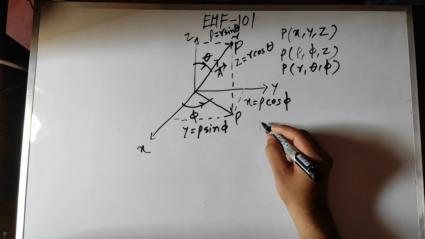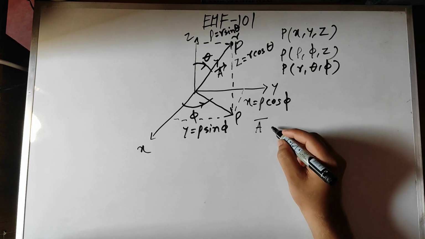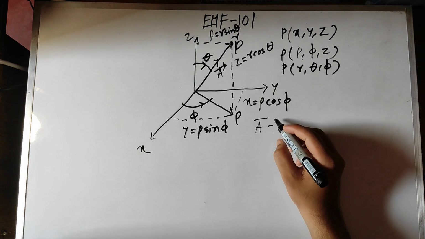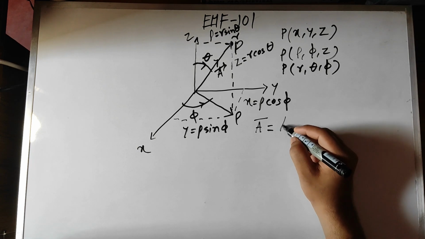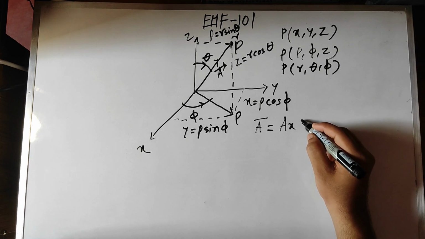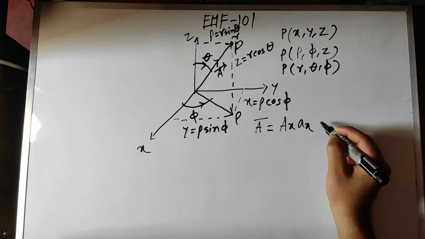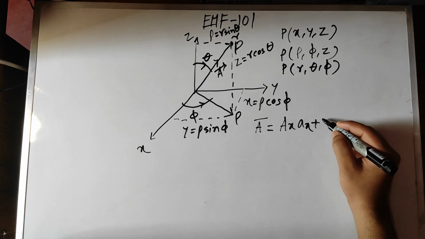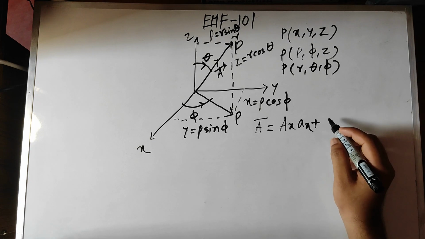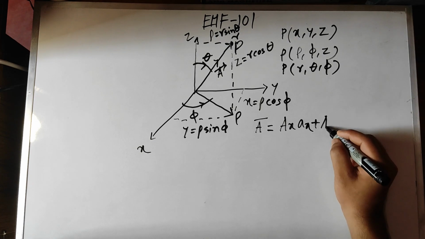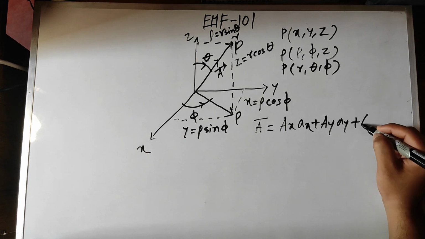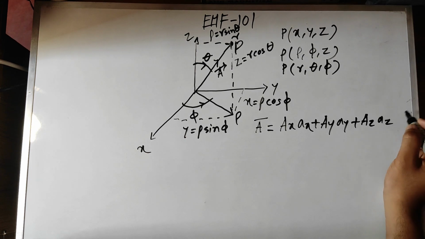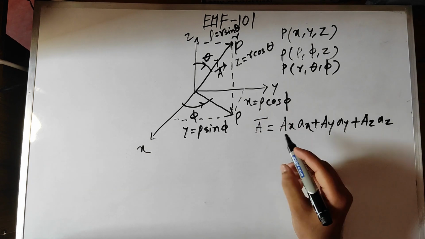A in the Cartesian system gives a component Ax in the direction of x with unit vector ax, plus, as we have seen in the previous video, a y component in the direction of y with unit vector ay, and Az with unit vector az in the direction of z.